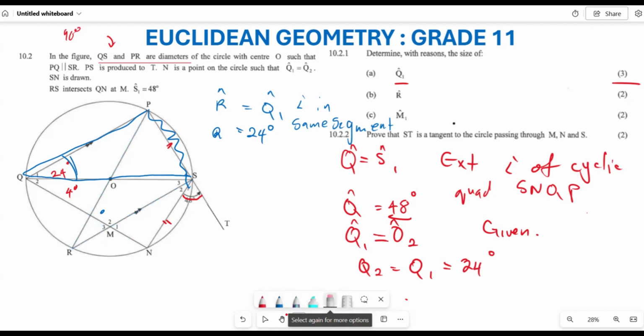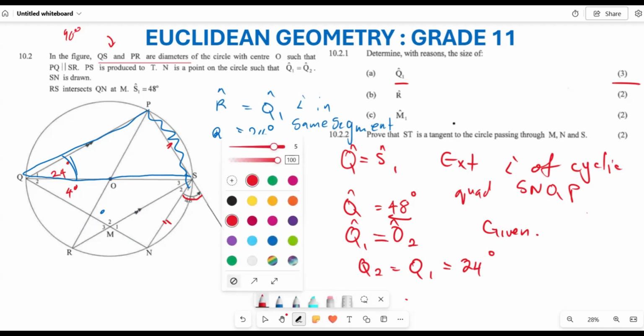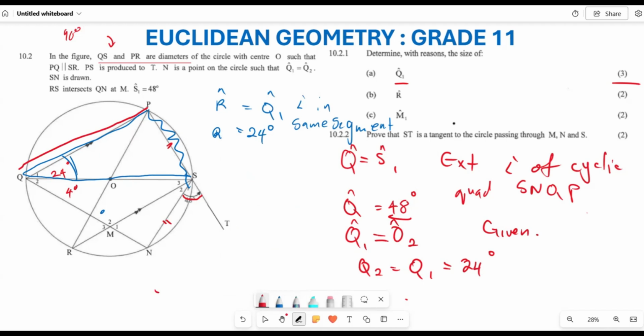Since they said these lines are parallel, can you not agree that this here forms what we call an alternate angle? This particular angle here is called your angle M1. Can you not agree that your angle Q is going to be the same as angle M1?